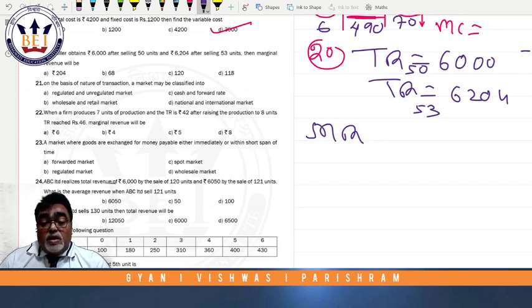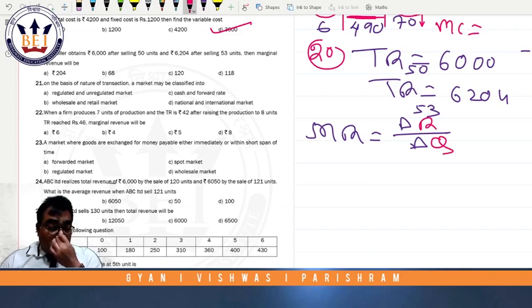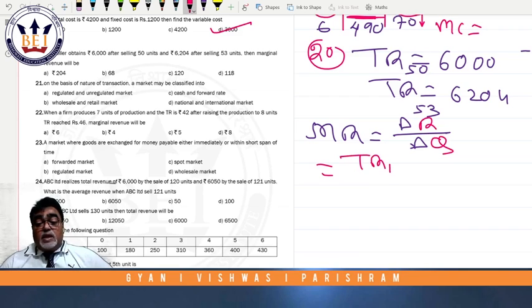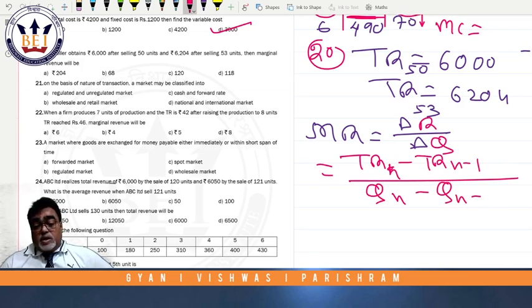What is marginal revenue? Marginal revenue is nothing but change in revenue divided by change in quantity sold. More specifically, TRn minus TRn-1 divided by Qn minus Qn-1.